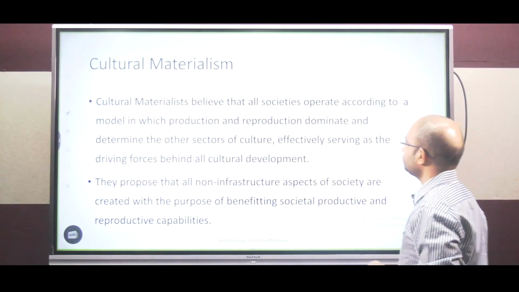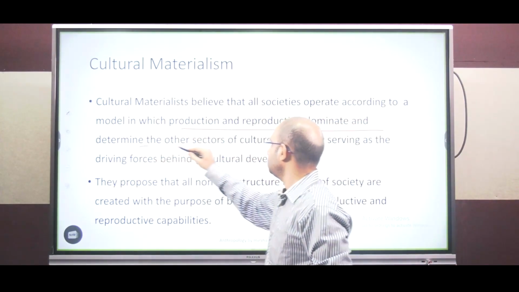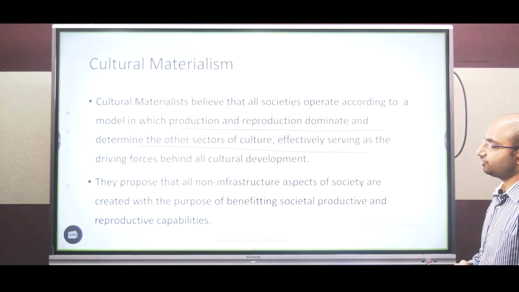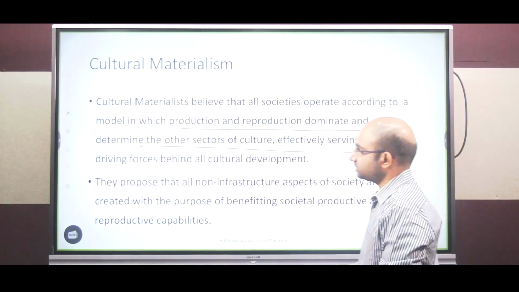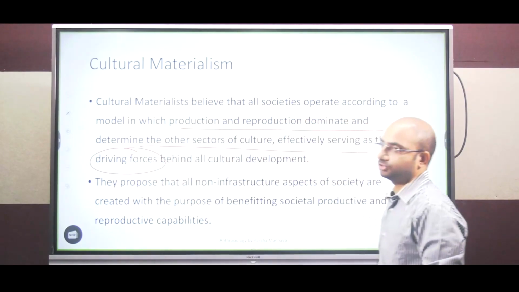They believe that infrastructure, that is production and reproduction, dominates and determines all the other sectors of culture. Of the three levels, infrastructure is the most important, and it is the driving force behind structure and superstructure.